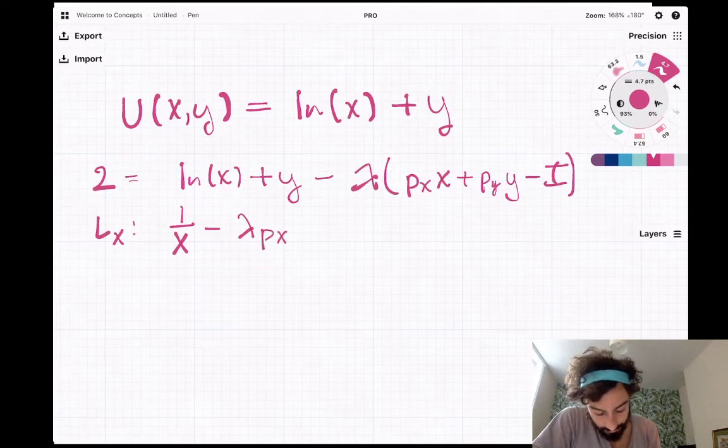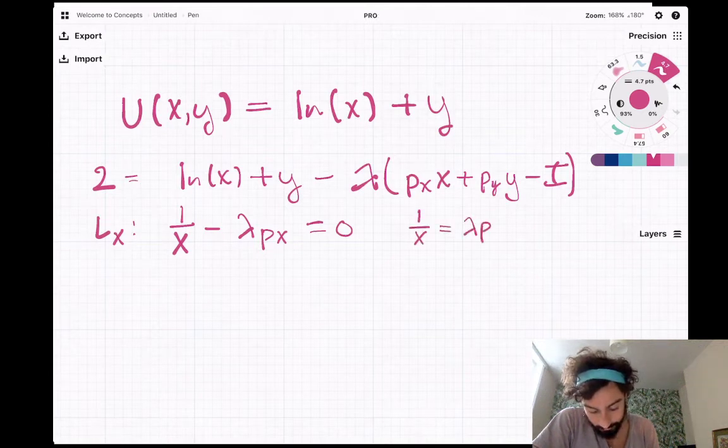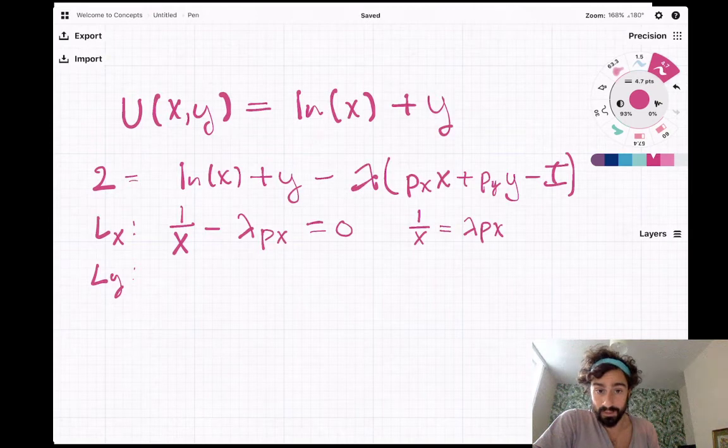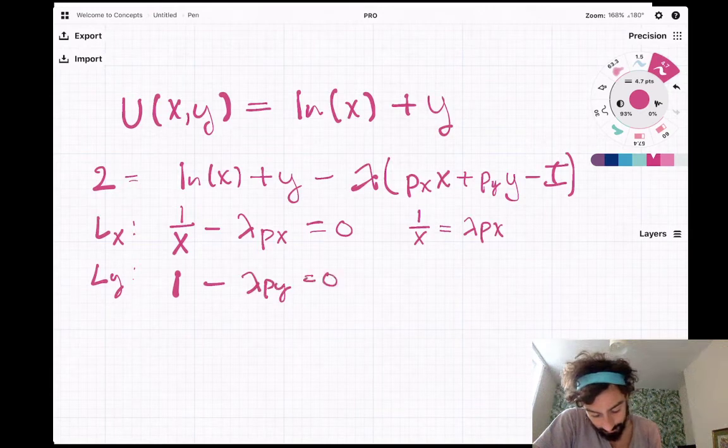And that's going to be equal to 0, which is another way of saying that 1 over x equals lambda p_x. And then we can write down our first order condition for y. The derivative of y with respect to itself is just a 1. And then we have minus lambda p_y equals 0, and that implies that 1 is equal to lambda p_y.